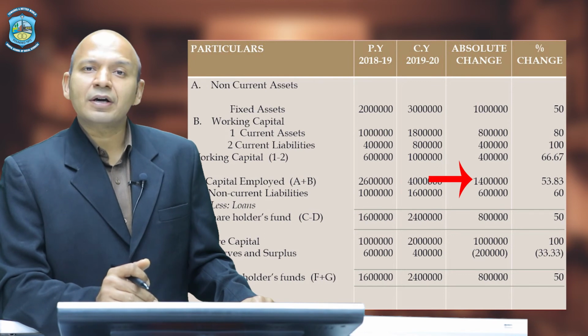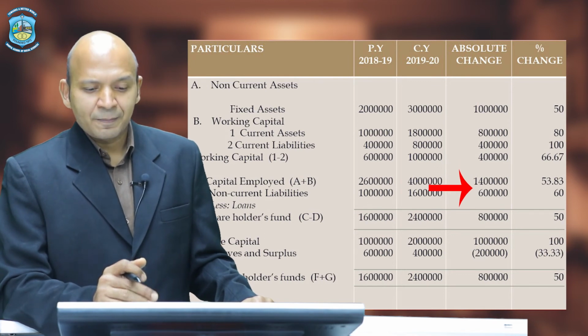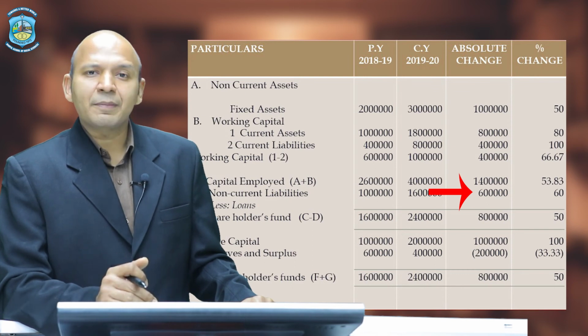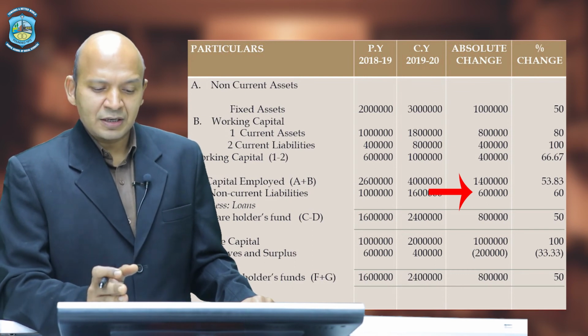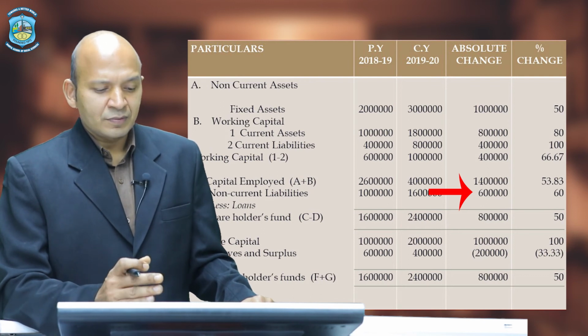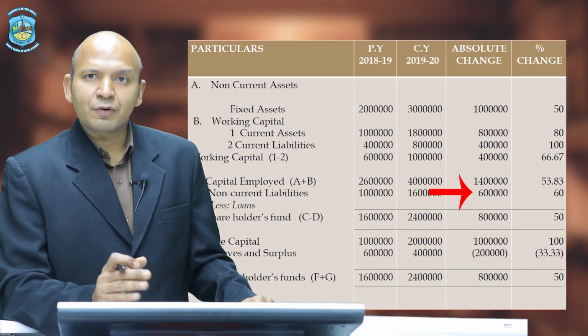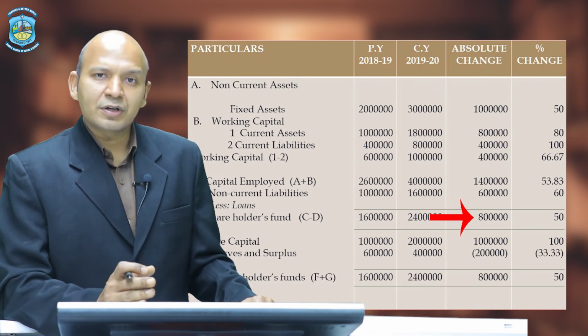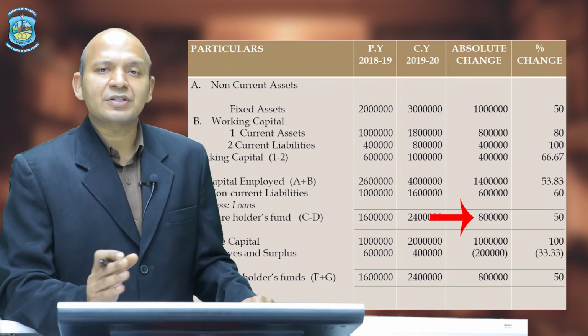As far as non-current liabilities is concerned, current year the amount is 16 lakhs, previous year the amount is 10 lakhs. So 16 lakhs minus 10 lakhs, the difference amount is 6 lakhs. The shareholders fund for the current year was 24 lakhs and the shareholders fund for the previous year was 16 lakhs.